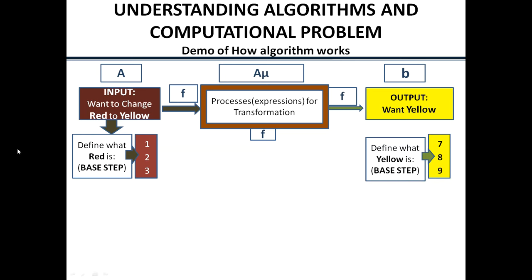But how can you define that in terms of technology? So we have decided to come up with some code, like 123 is the code for red, and 789 is the code for yellow.